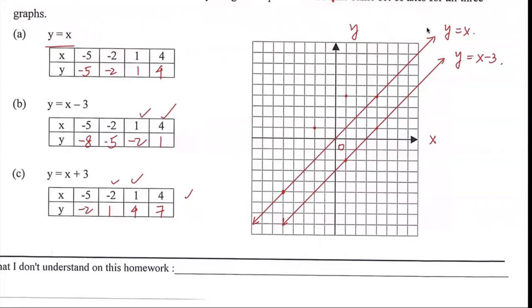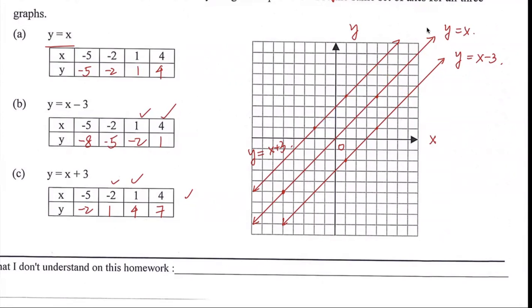Okay, so if we join these 2 points, then this straight line will be y is equal to x plus 3. Again, we can see that these 3 straight lines are parallel.